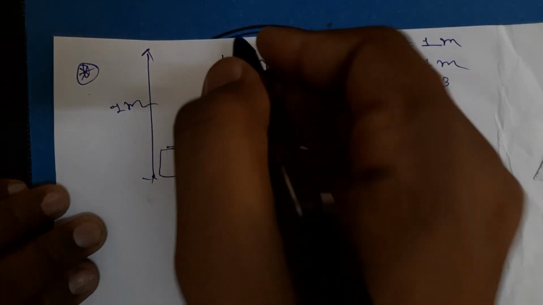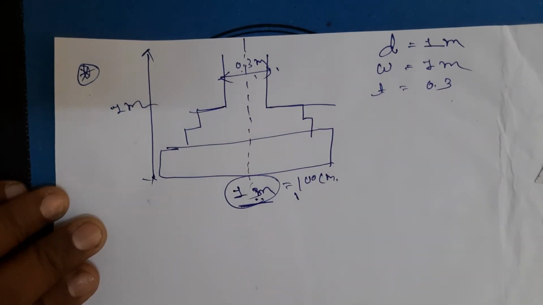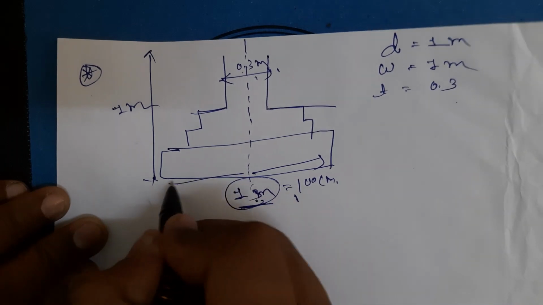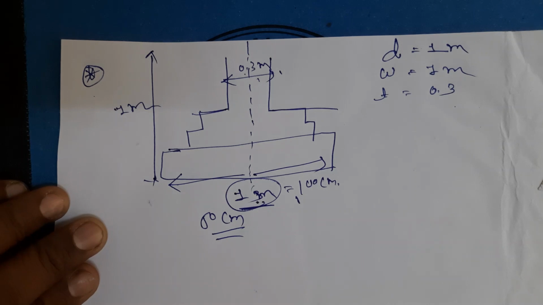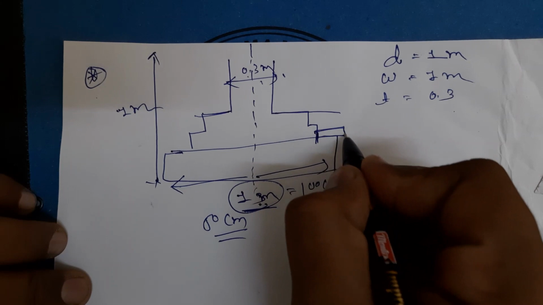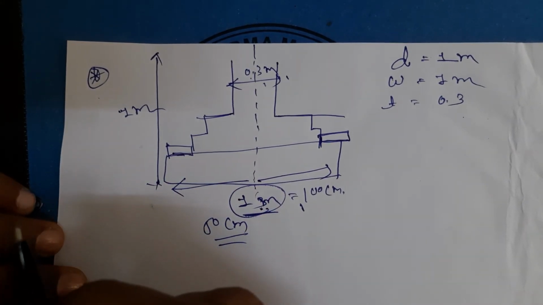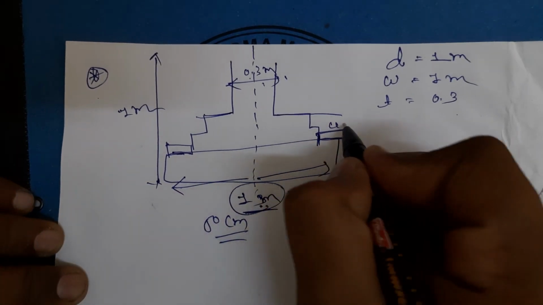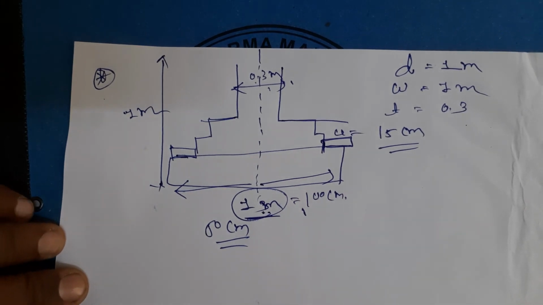So from that center, each side increases 50 centimeter. Got it? Now that projection, this value of projection, we fix it equal to 15 centimeter first for each side. Okay, each side projection we fix.